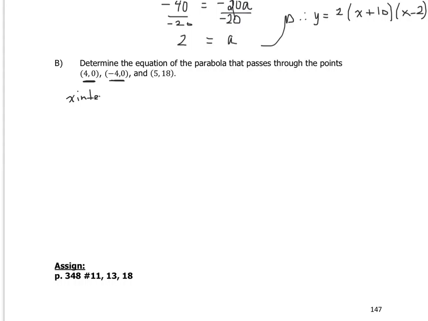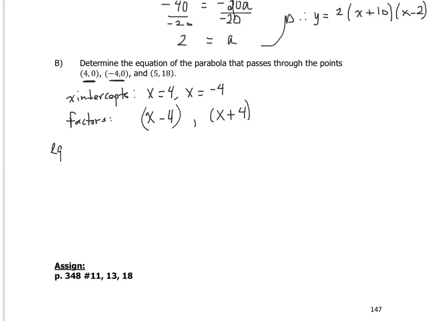So the x-intercepts would be x is equal to 4 and x is equal to -4. And therefore the factors, if you work backwards, would have to be x minus 4 to get x equals 4. And to get x equals -4 as the x-intercept, you'd have to have a factor of x plus 4.